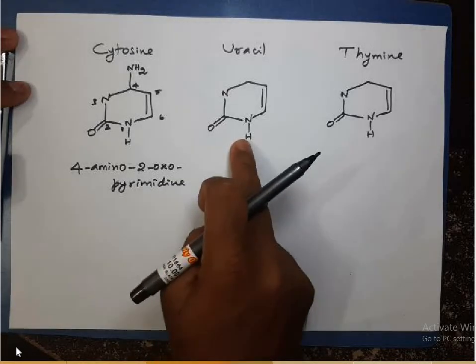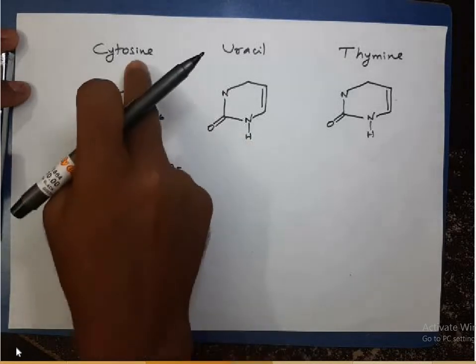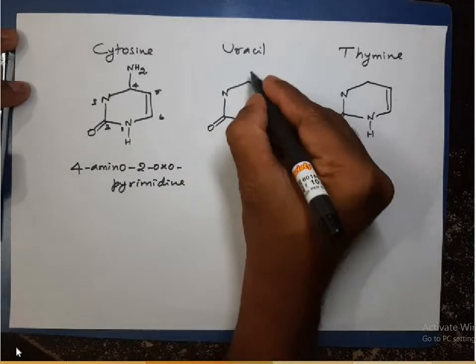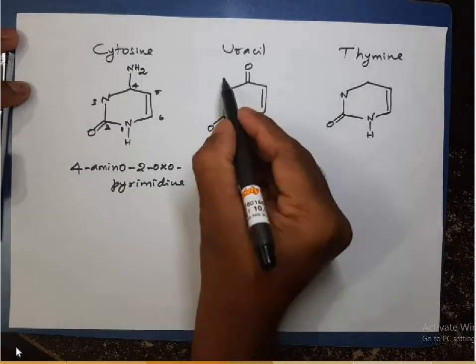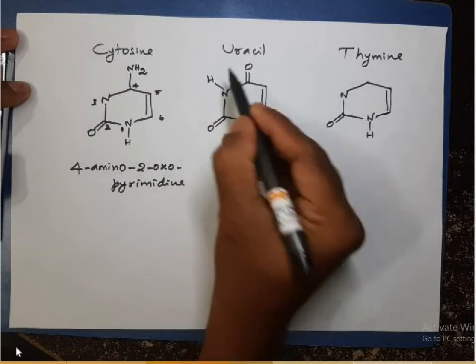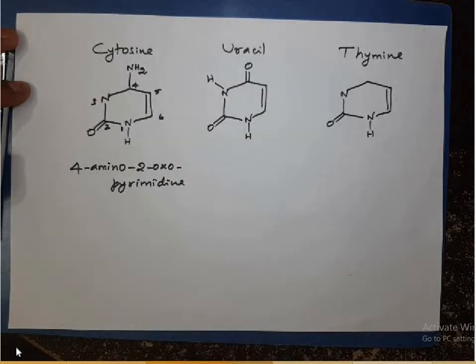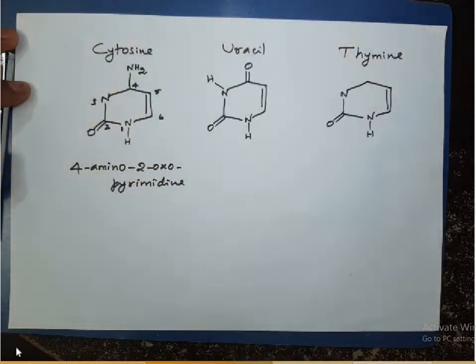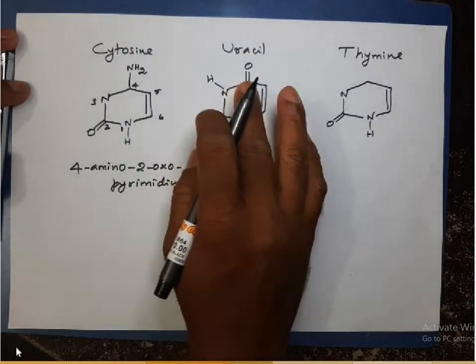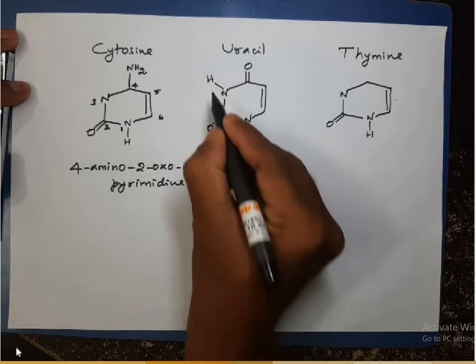For uracil, what you have to do? Remove the amino group and put a keto group here. I have told you, whenever you put a keto group, the adjacent nitrogen should contain hydrogen. And this is the structure called uracil. In uracil, this is 1, this is 2, this is 3, this is 4.